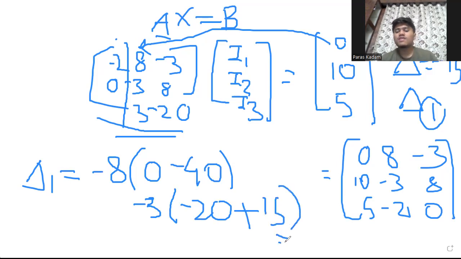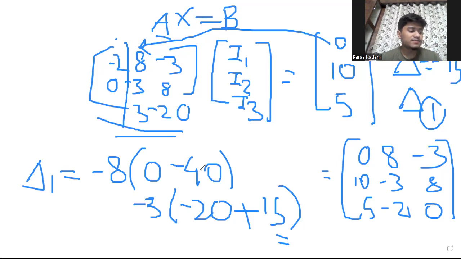Now we will calculate the value of delta 1. So here it will come minus 8 into minus 40 minus 3 into minus 5, because minus 20 plus 15 is minus 5. So it will give 335.